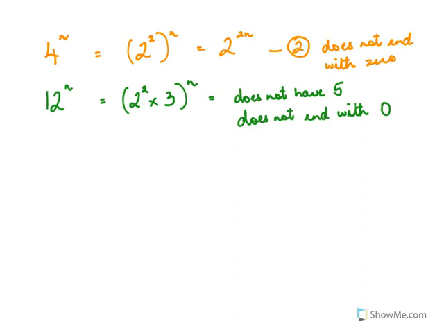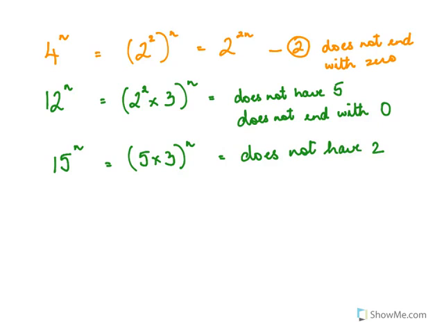Let's take up, for example, 15 raised to n. Now 15 will be 5 into 3, raised to n. So here it does not have 2. It should have at least one 2 and one 5. It does not have 2, so it does not end with 0.